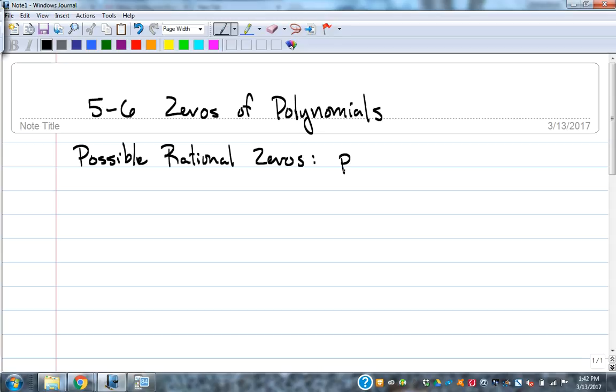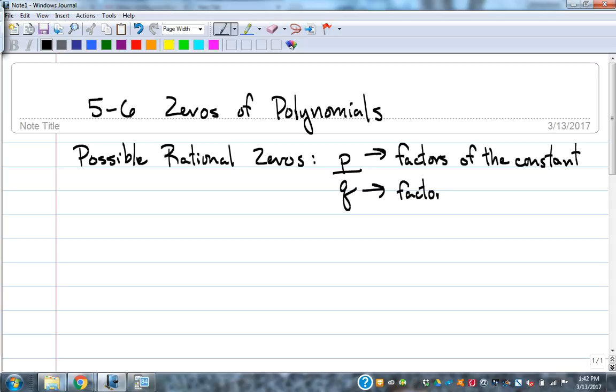And it stems from this idea of P over Q, where P are the factors of the constant and Q are the factors of the leading coefficient, which is the number in front if it's in descending order. Number in front, number in back. P is the number in back, Q is the number in front.